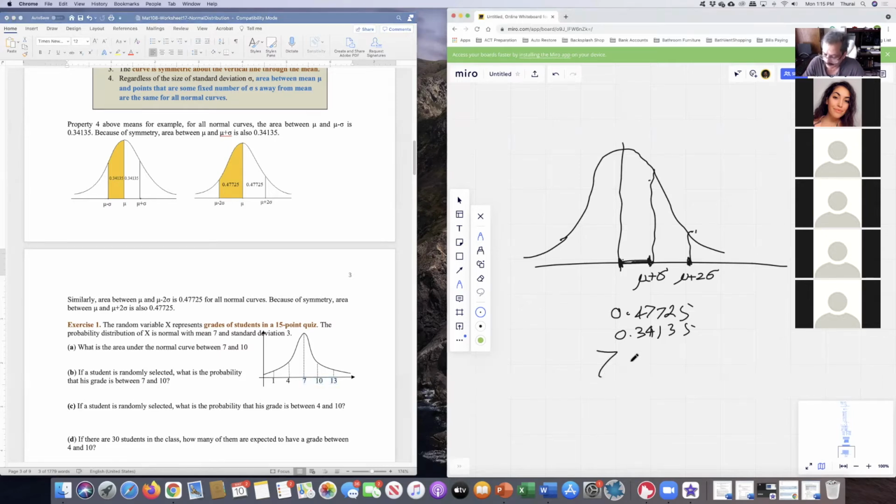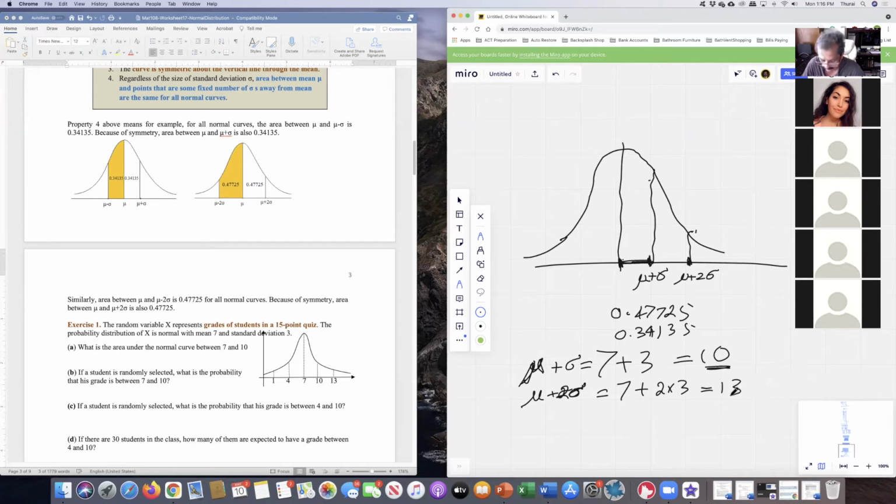7 plus 3 is 10, which is what mu plus sigma is. Mu plus 1 sigma is 10. Mu plus 2 sigma for this distribution, the grade distribution, is 7 plus 2 times 3, 2 standard deviations added to 7. That's 13.